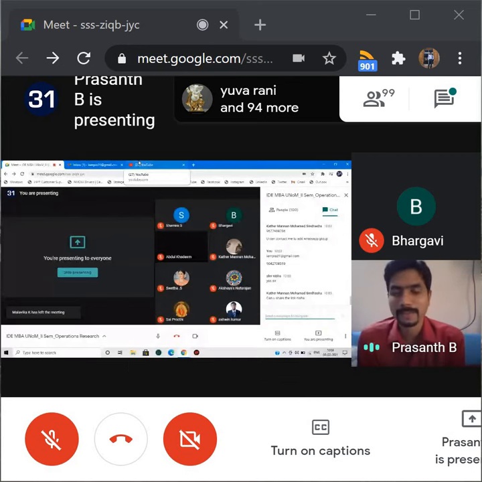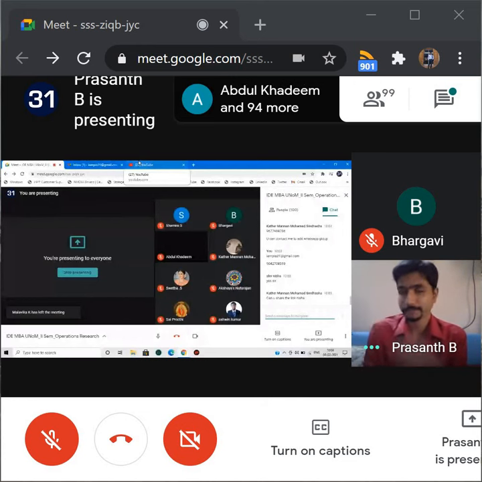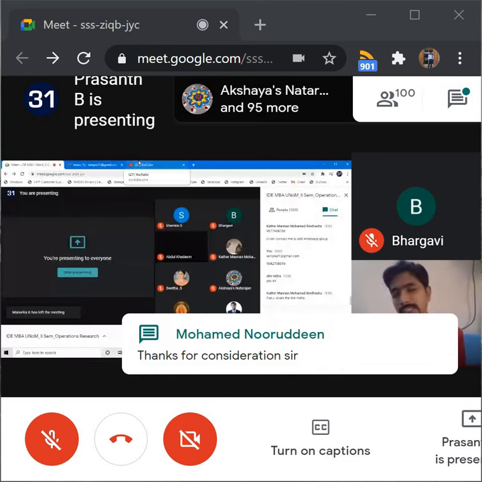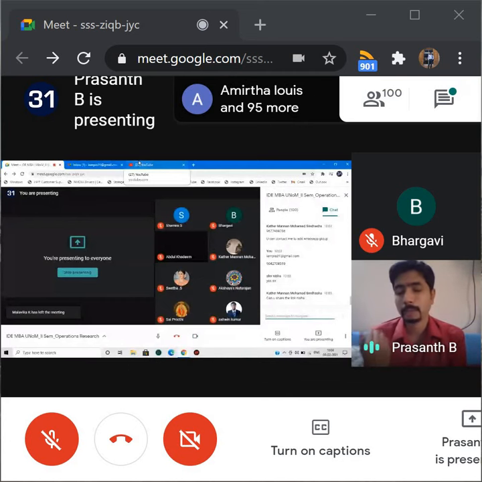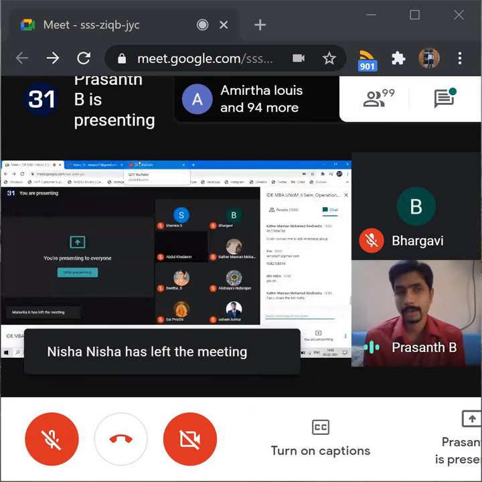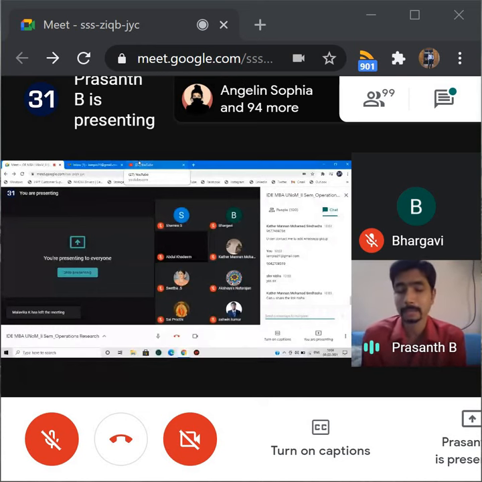Then you proceed further. You have something called the replacement problems. Replacement problem or replacement decision is basically arriving at a conclusion where I want to see whether I can continue with the existing machinery or whether I have to replace it. There's a stage wherein you tend to spend more money on repairing or servicing that particular machinery.